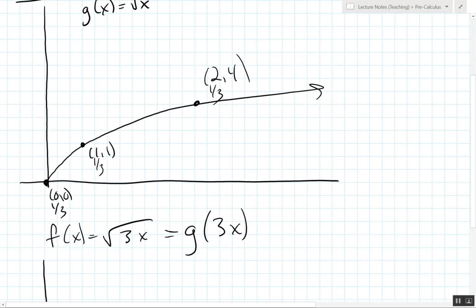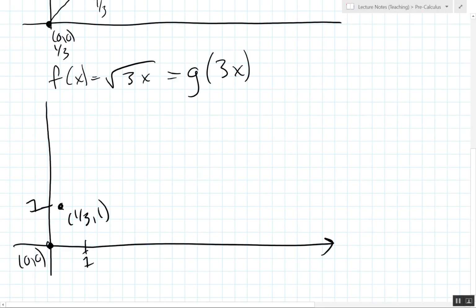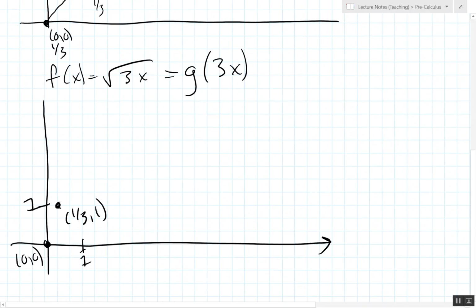And then here, oh, I wrote this backwards. This should be 4, 2. So 4, 2 will be at 4 thirds. So 4 thirds will be right here, and then 2 will be up here. So this is 4 thirds, 2.